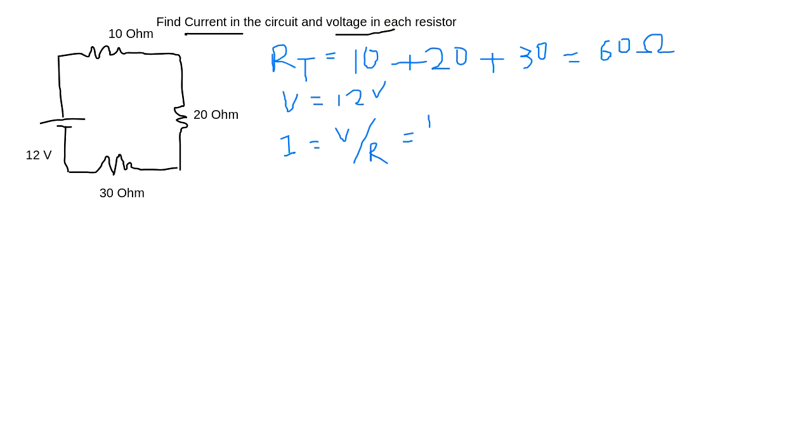R means R total, which is 60. 12 divided by 60 equals 1 divided by 5 or 2 divided by 10. So it will be 0.2. What is the unit of current?